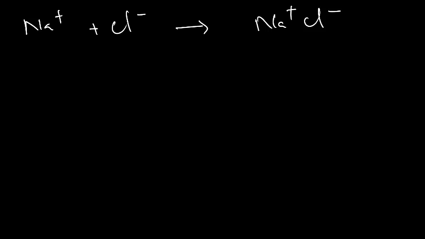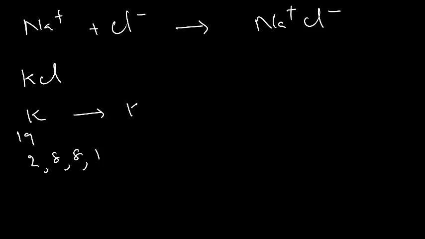Now let us see another substance, say potassium chloride. Potassium with atomic number 19 has configuration 2,8,8,1. Potassium loses an electron and becomes a K+ ion and e-. This is a potassium cation. On the other hand, chlorine, atomic number 17, with 2,8,7, needs 1 electron.